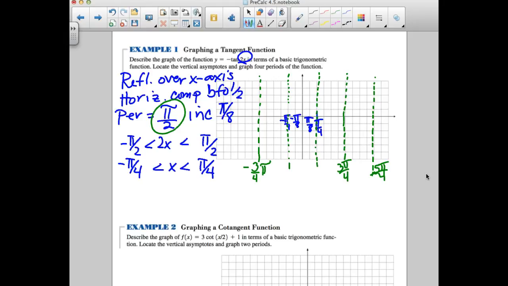We've reflected it. So it's going to start high and go low. For my normal period, and you don't have to put these dots in because we're going to move them, I'd have a 0 in the center. I would start low and go high, but we said we're reflecting this. So we are going to start high and move low.